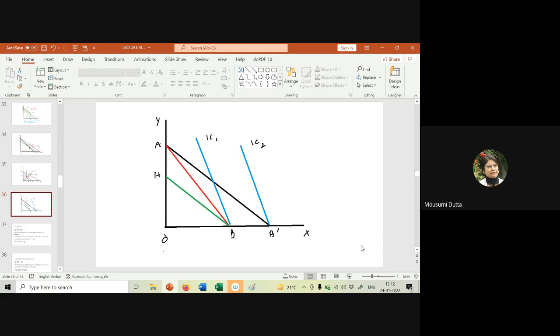Okay, so this is all about perfect complements and perfect substitutes, and how to measure the substitution effect and income effect for these kinds of commodities. So this part is complete.